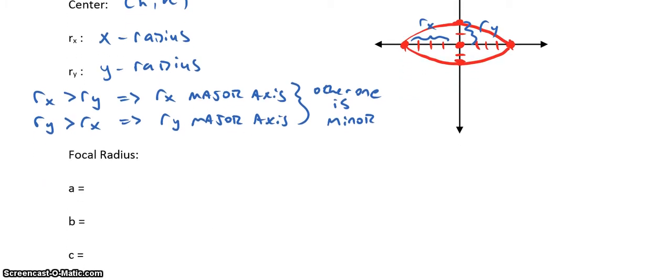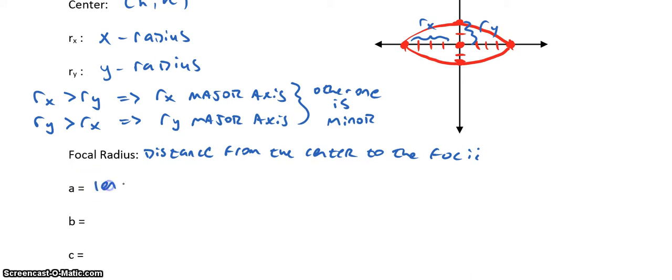Now, the focal radius. Alright, the focal radius is the distance from the center to the foci. Now, my a value always represents the length of my major axis, so the length of the larger one.